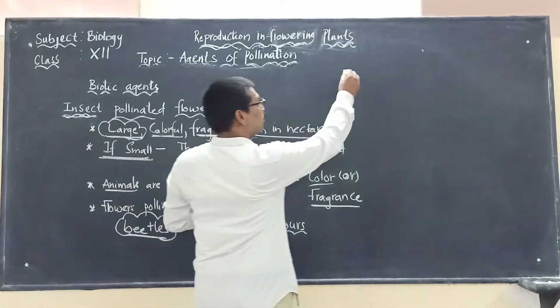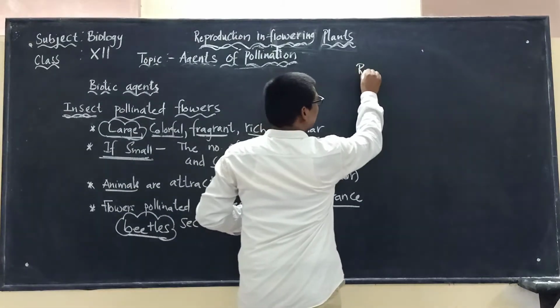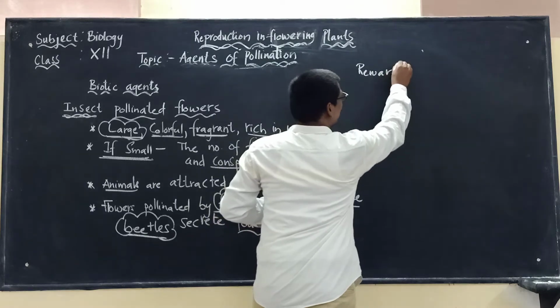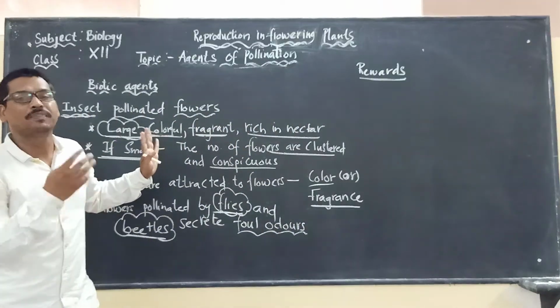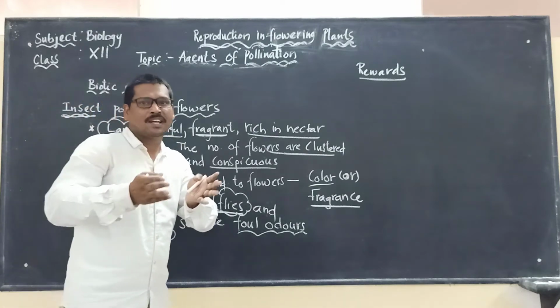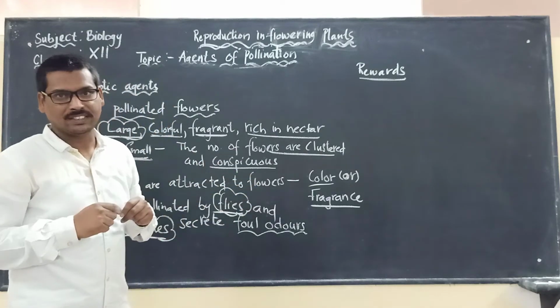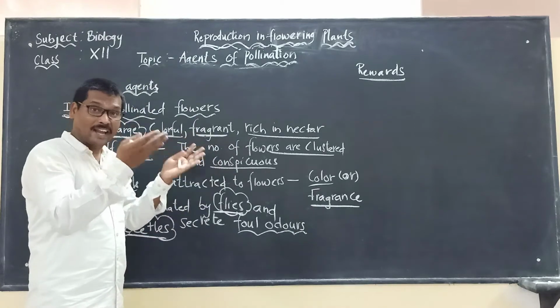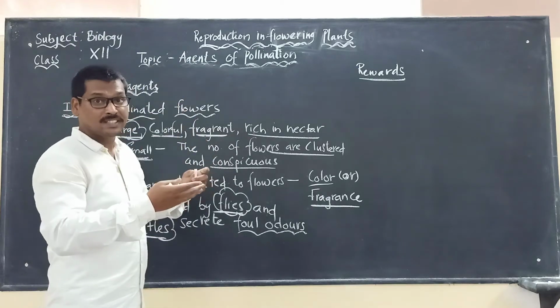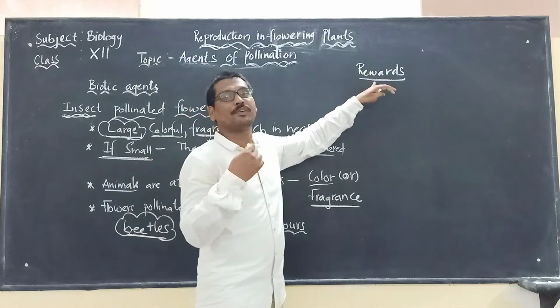They have to provide some rewards, we say. The flowers have to provide some rewards for those animals that are visiting the flowers. Why are the animals visiting the flowers? For pollination. But in order to see that these animals always visit, the flowers have to provide some rewards.